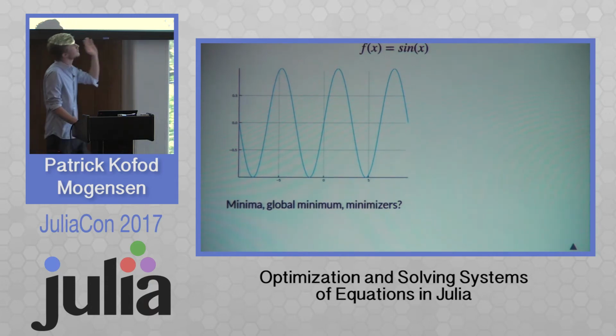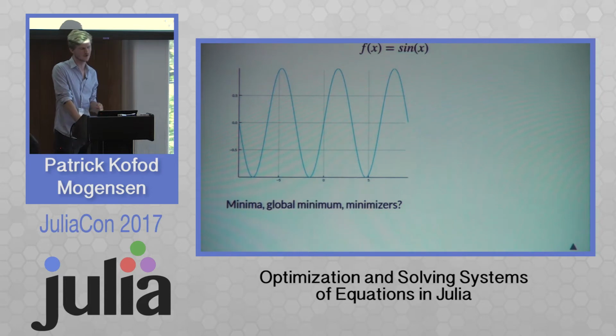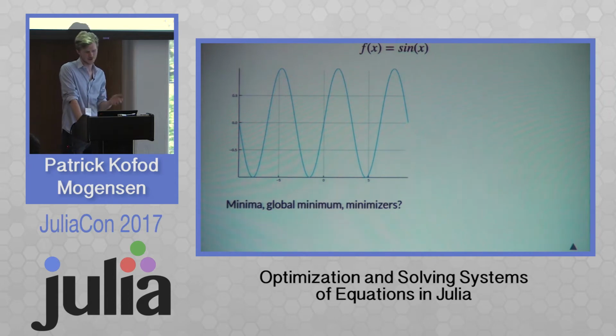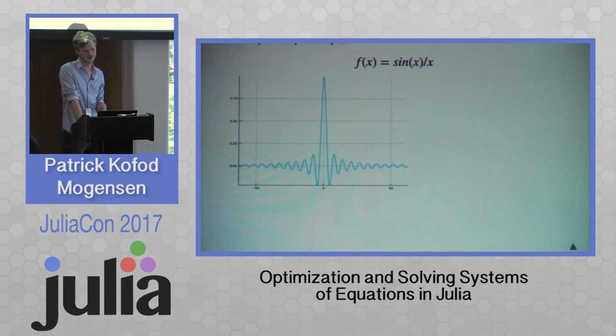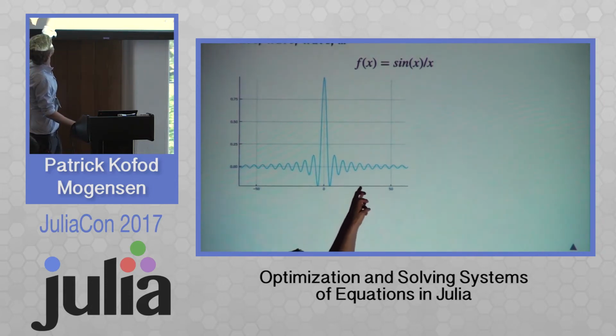So this is just to say that when you're working with stuff that we might call nonlinear optimization, you have to be a bit careful about there being multiple minima, multiple global minima. In the next example here, we have a sine of x over x. We see that we have 2 global minima here and there, and then we have a lot of local minima.